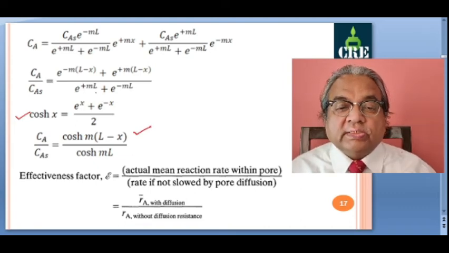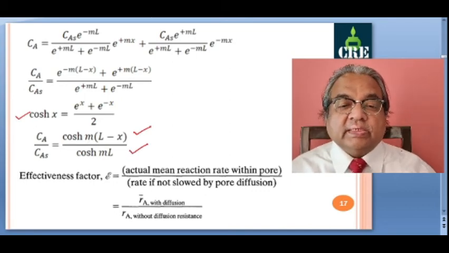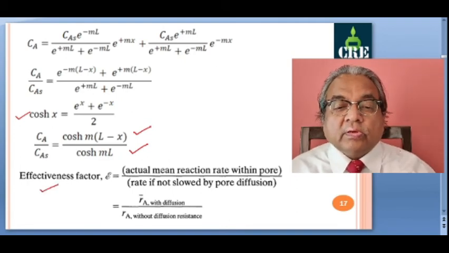So x is ml. So cos hyperbolic ml. So Ca by Cas is simply cos hyperbolic m into L minus x divided by cos hyperbolic m into L. Now we define the effectiveness factor, or we can say efficiency also, rate with diffusion divided by rate without diffusion.